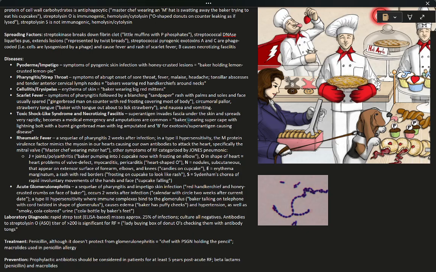Think about the baker that wears a super cape with a lightning bolt, with a burned gingerbread man, as shown over here, with the gingerbread man's leg amputated. And you can remember this by thinking about the letter B for the exotoxin and the superantigen causing the disease. Remember that the exotoxin B is responsible for causing necrotizing fasciitis. So that's that.